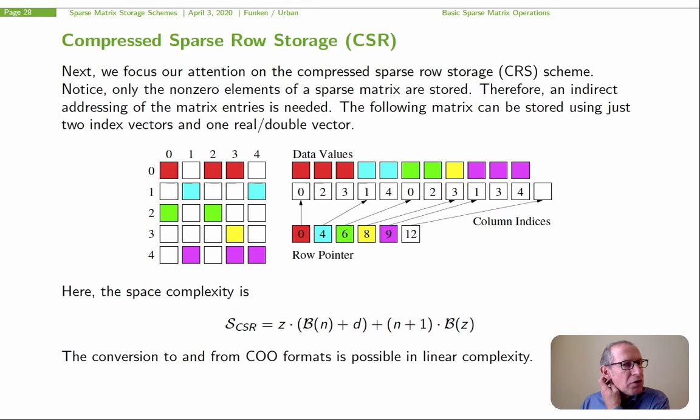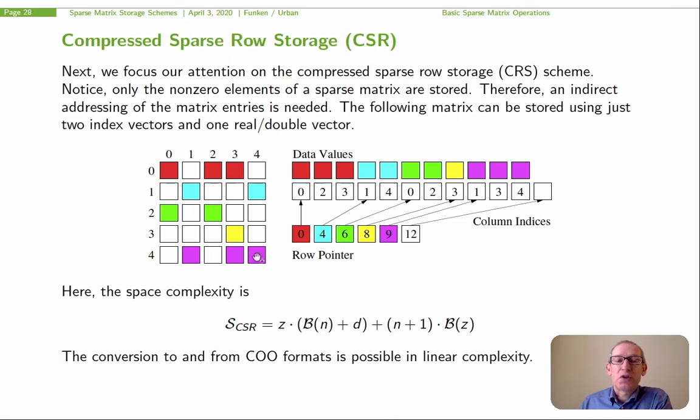Therefore, that's a more advanced but also general scheme, which is the compressed sparse row storage scheme, explained in the following. So again, we store the non-zero entries row-wise and shift everything to the left. So first the rows, then the blue, then the green, then the yellow, and the purple ones.